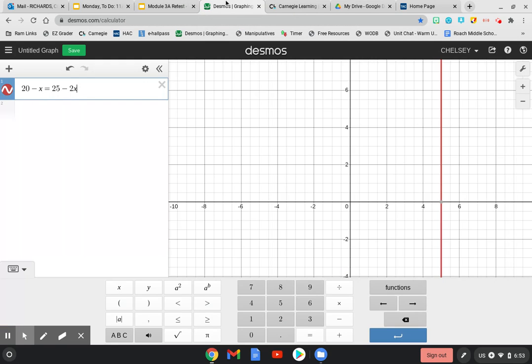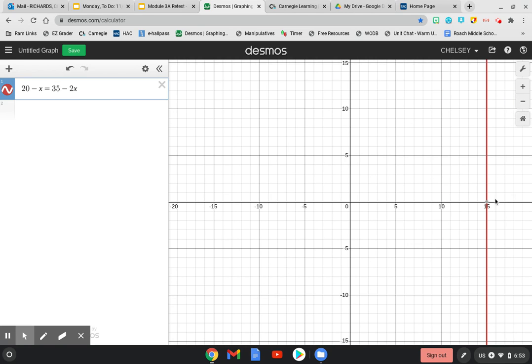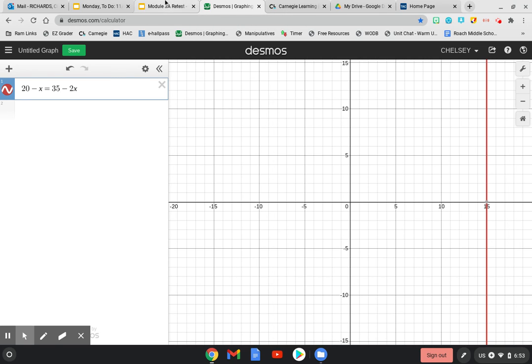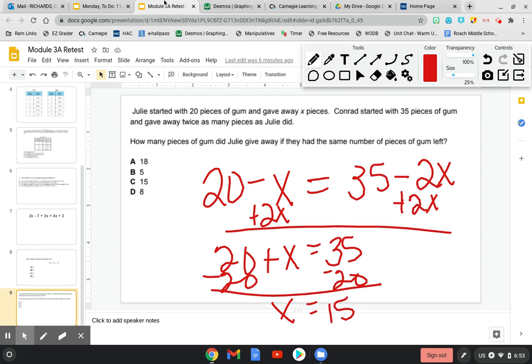X equals 15. Did I write everything down correctly? No, I did not. This is why, right here at the 35. So go make sure you check your work, apparently. But now I can see that it does say 15, okay? So put it in the calculator to answer. If you like balancing your equations, you're more than welcome to do that by hand. Just make sure that you are checking through to make sure that you have everything correct.